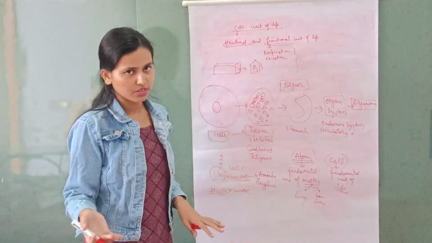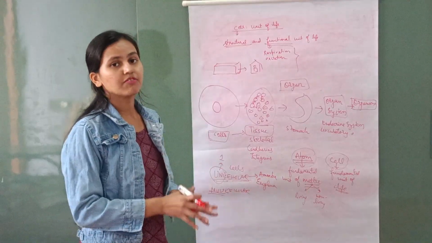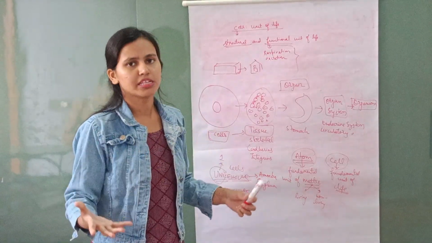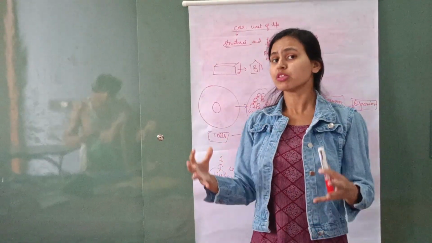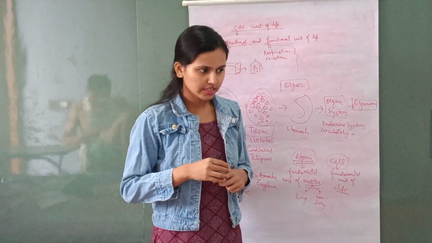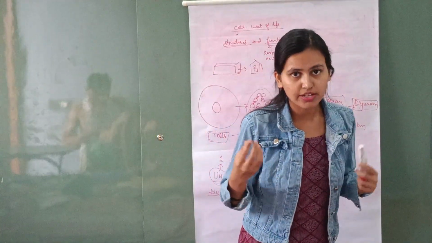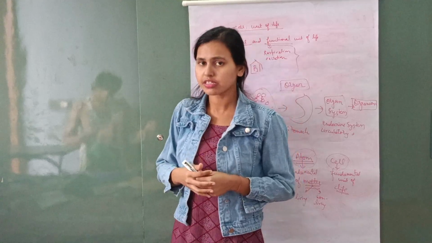Coming to the next word, that is multicellular. Now you can easily break the word, right? Multi means many and cellular means cells. They have many cells, and the cells are specialized to perform a specific function. For example, excretion, then circulation, respiration. We all have different names for them that we will read in higher classes.